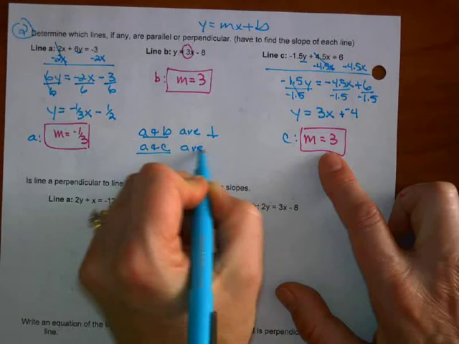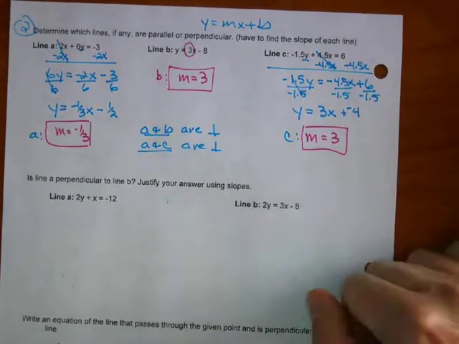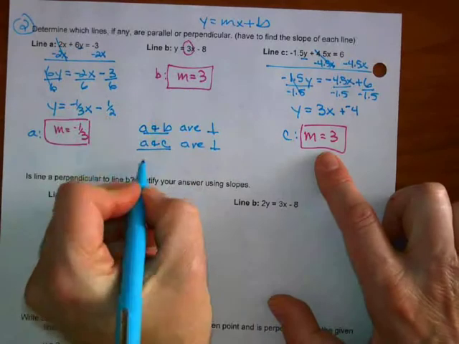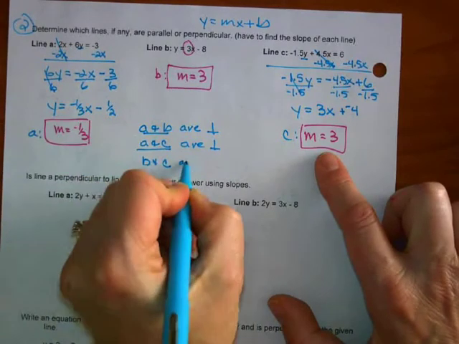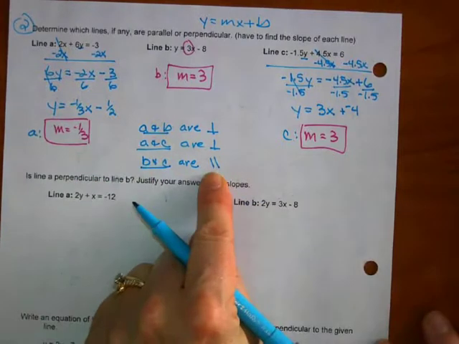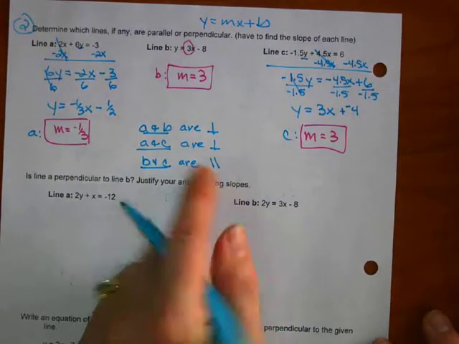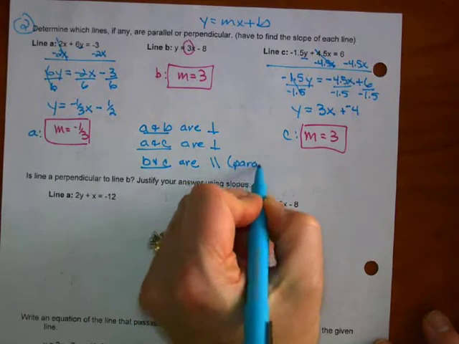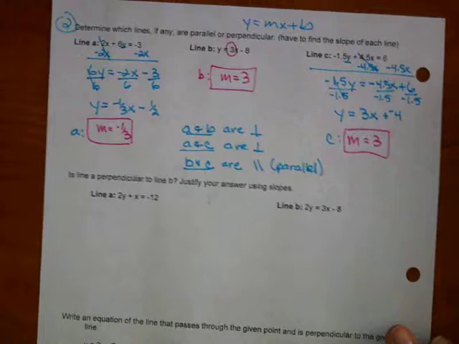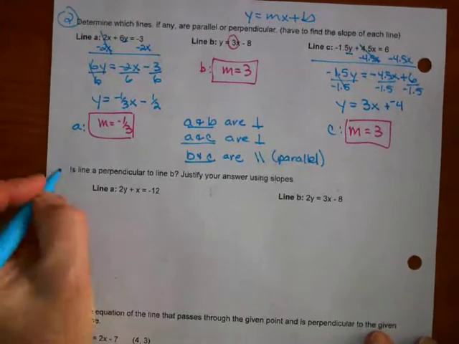The last thing I can say then is that B and C are parallel. That stands for parallel. You can also write the word out too. Doesn't matter. There we go. All right, so that's the second kind of problem you're going to have.